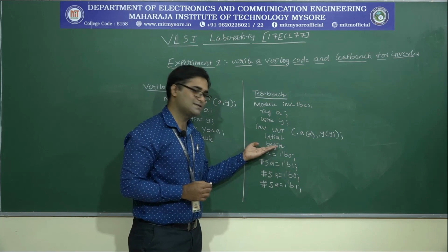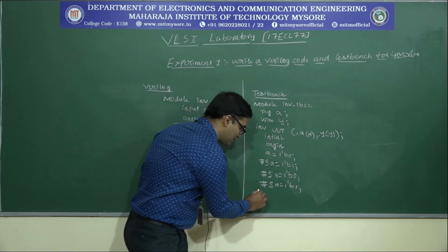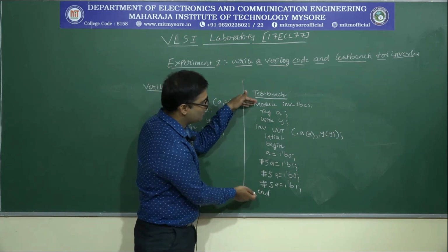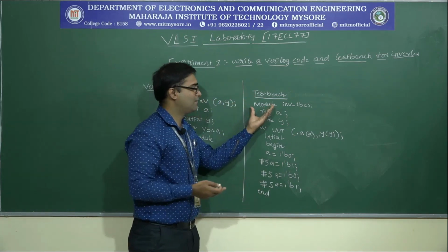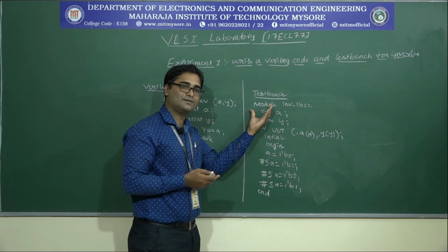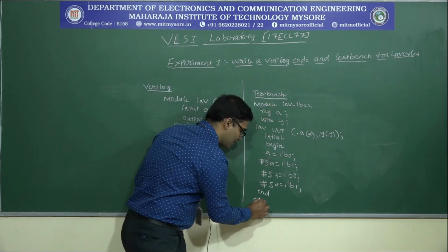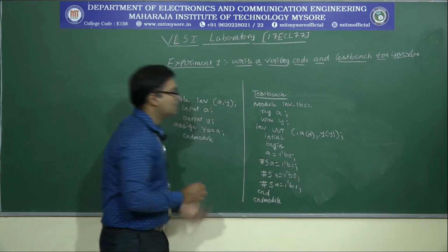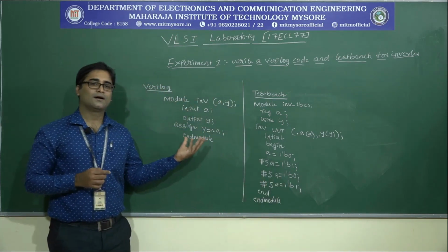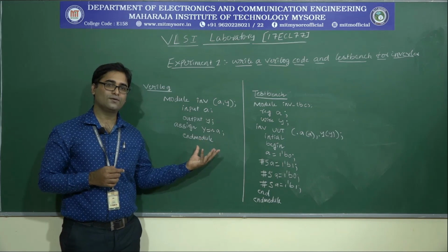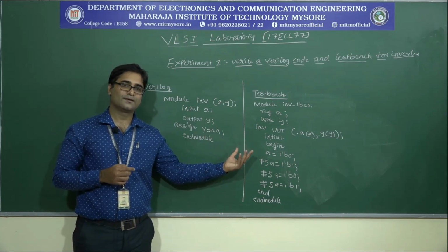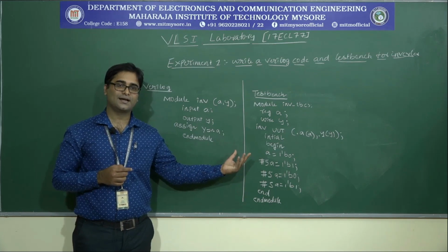So we have initialized; we will end the process of the inputs with end, and we will stop the process, where we started the functionality with module, with the endmodule. So this is the Verilog code and the test bench for the particular circuit, which is an inverter.